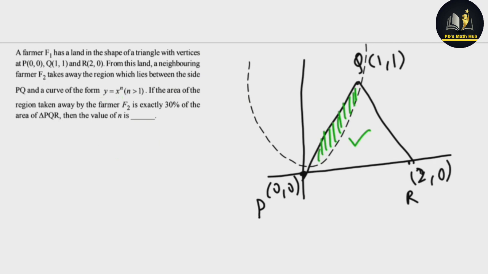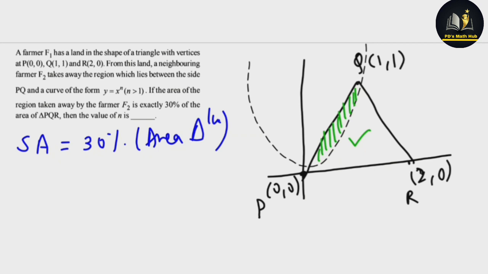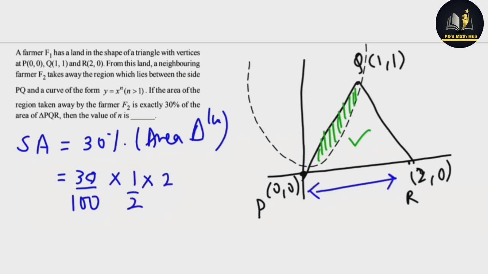We can make use of the condition that the shaded area is 30% of the area of the triangle, that is 30 by 100. 30% is always out of 100. 30 by 100 into the area of the triangle, which is half into base 2 into height 1.